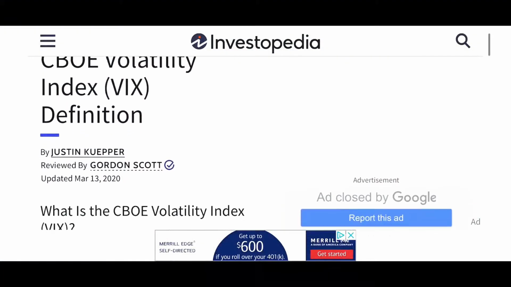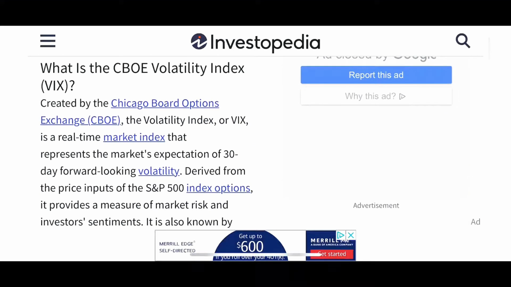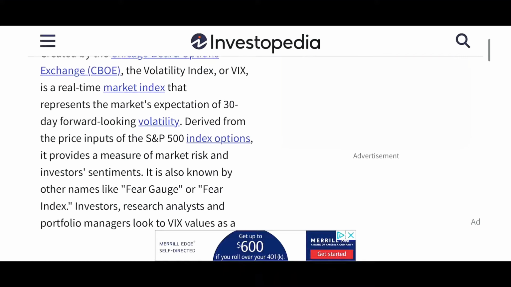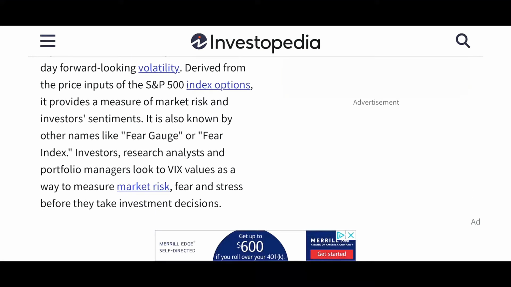Volatility Index definition. What is the Volatility Index, the VIX? Created by the Chicago Board Options Exchange, the Volatility Index, or the VIX, is the real-time market index that represents the market's expectations of 30-day forward-looking volatility. It was derived from the price inputs of the S&P 500 options.